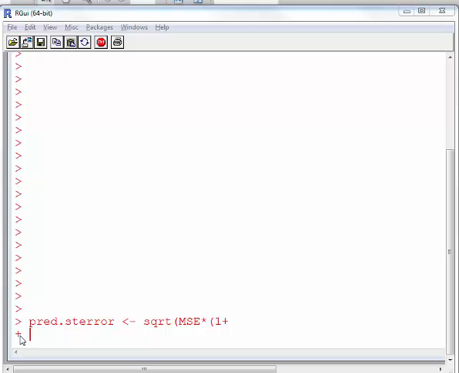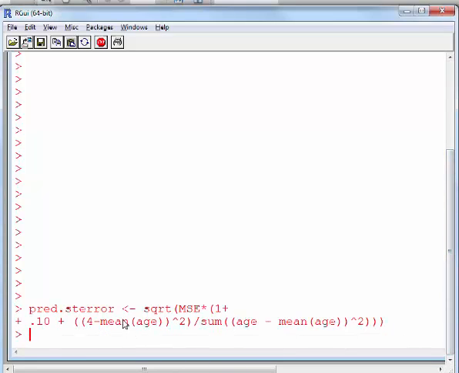You see how it starts with a plus sign instead of that greater than sign. It's indicating that it's waiting for more. I'm going to give it the rest of that statement.